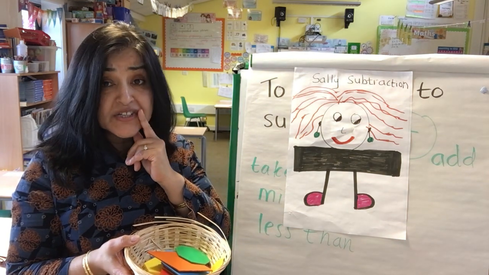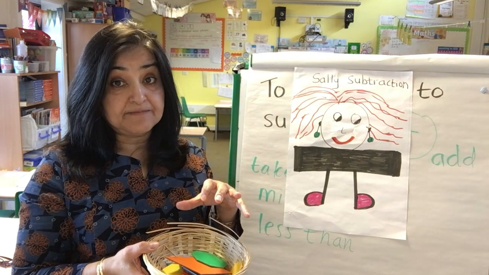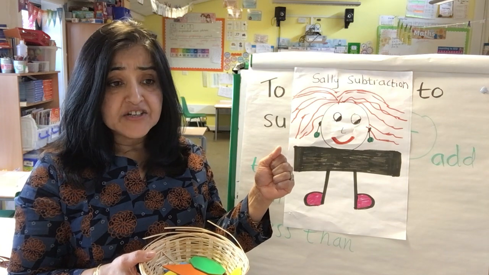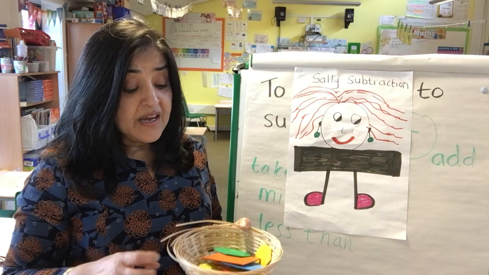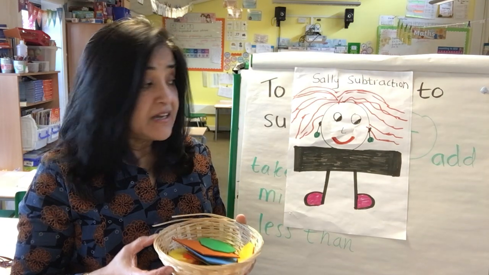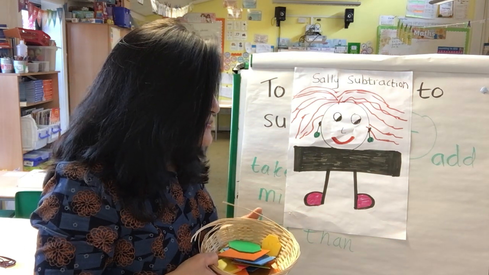So first I had 18 shapes. Along came Sally Subtraction and she took 3 away, and now I've only got 15. Silly Sally Subtraction. Are you going to give me those back one day?